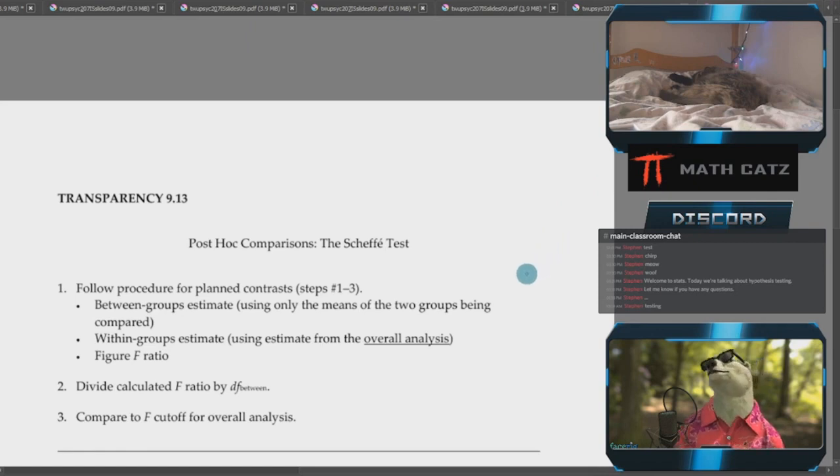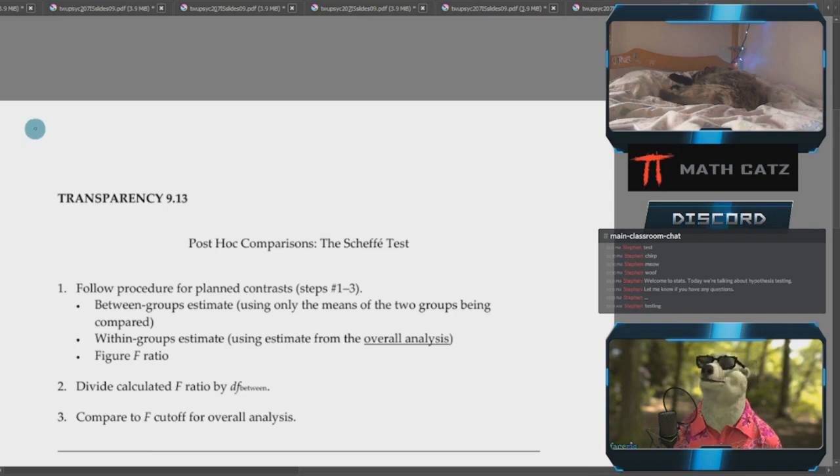We could also test these comparisons after the fact. So we did our ANOVA. There is a significant difference somewhere. Where is it? Well, if you have no idea where to look, nothing that you planned, you're going to have to test all of them to find which pairs are different.